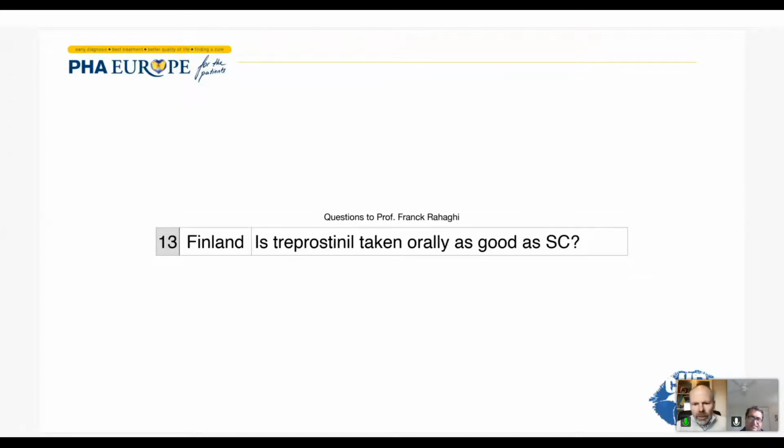Another question from Finland: is treprostinil taken orally as good as subcutaneously? Define good. It's much easier to take. And I think if you take it correctly, and if you don't have as many adverse events, and if you get to the high levels, it is. The problem with orals is a lot of times people are not taking it at the doses they should be taking. For instance, Orenitram basically starts working at 3 milligrams TID.